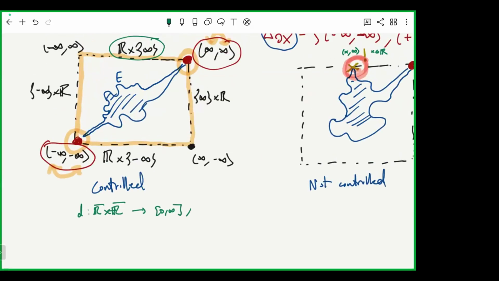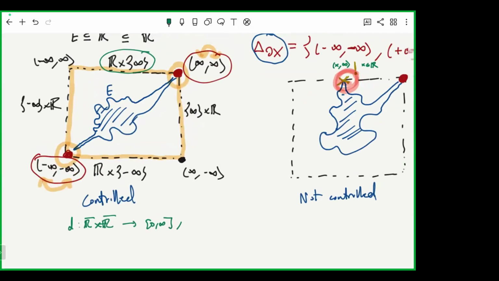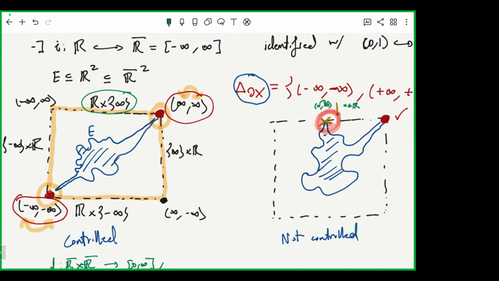It is the same as a metric, but can take infinite values. Then the distance between these two is infinite. But here the distance is 0. In general, a limit point like this is at infinite distance from every other point except itself. I guess this would be a way to formalize this idea.